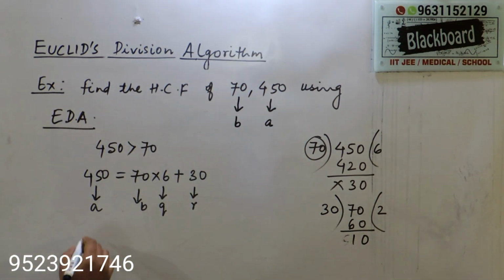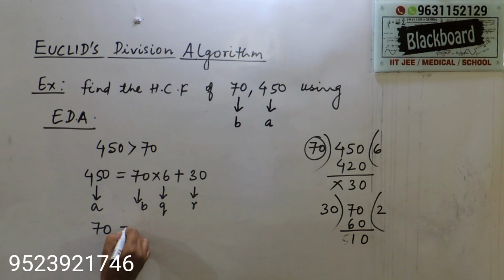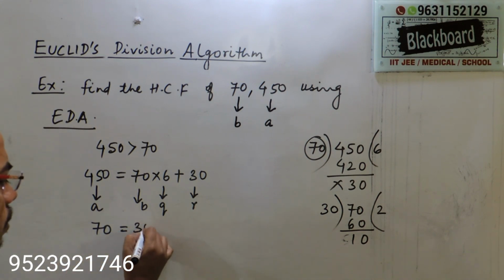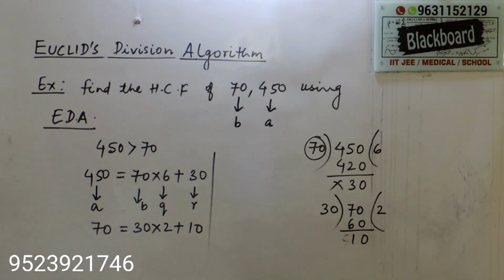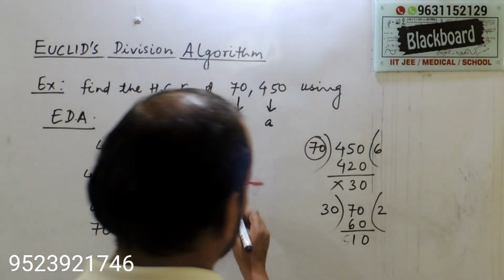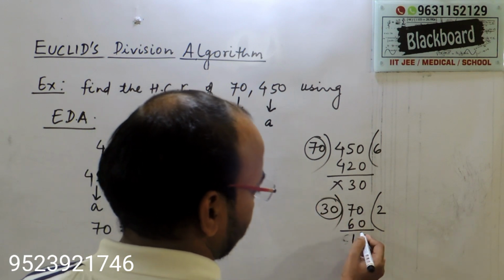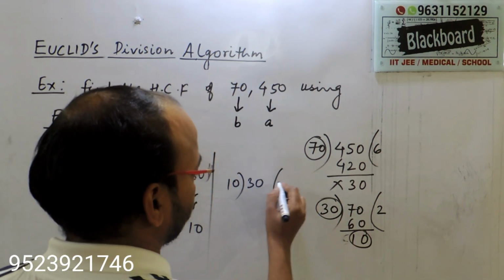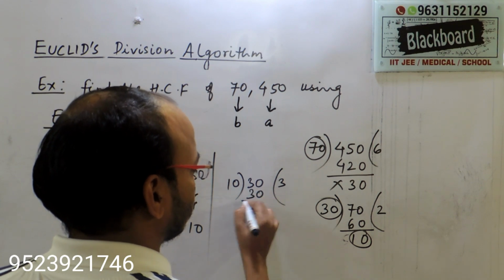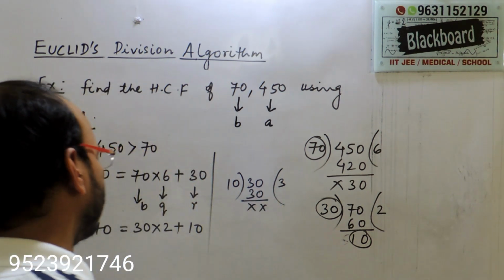That means 70 is equal to 30 into 2 plus 10. Next again, 30 को डिवाइड करेंगे 10 से. That means this is 3 and now the remainder is 0.